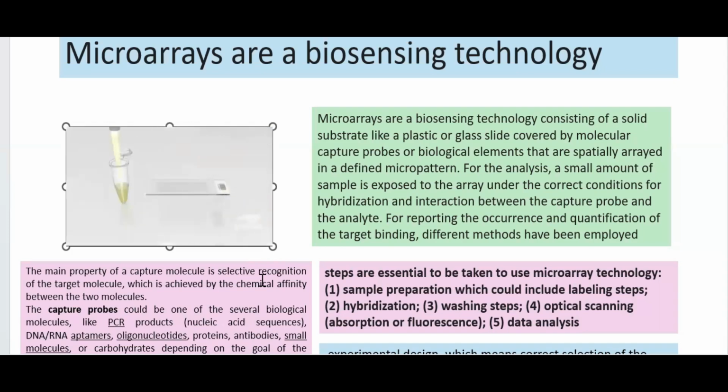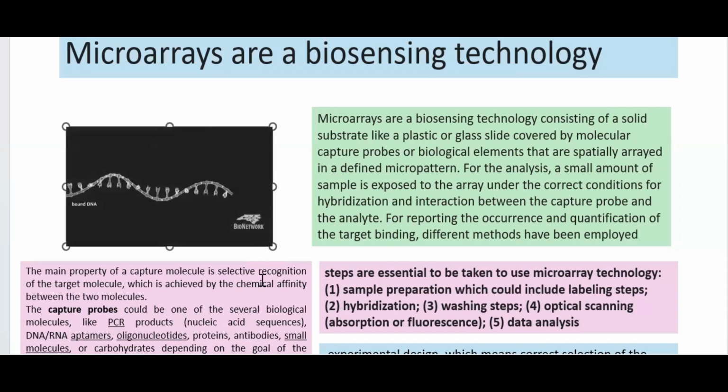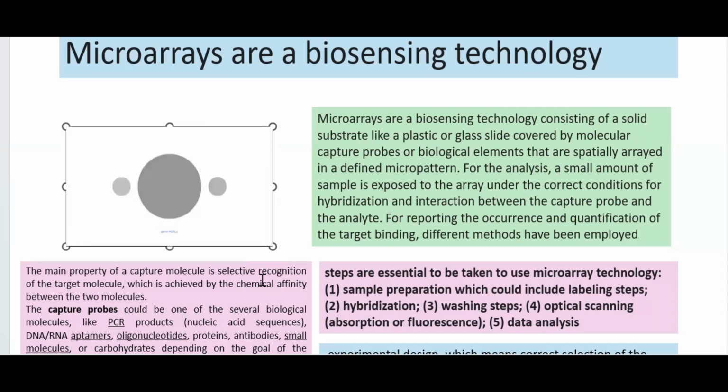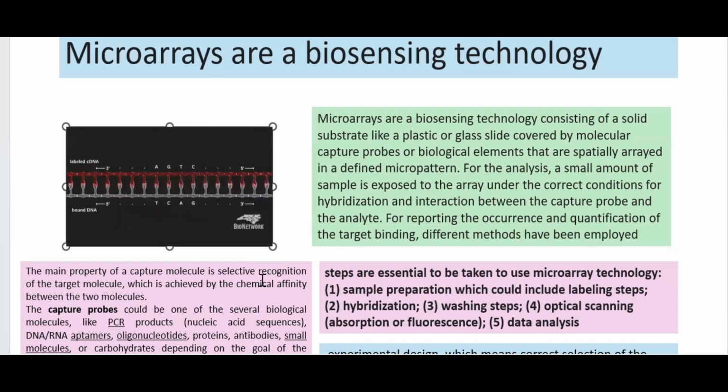Now this sample is loaded. The chip is already ready, right? DNA is already bound on it. This is your sample molecule which is coming and binding with it. And because of the fluorophore that is attached to it, you will get different colors: red in this case, if it is complementary, green in this case, if it is complementary to this.